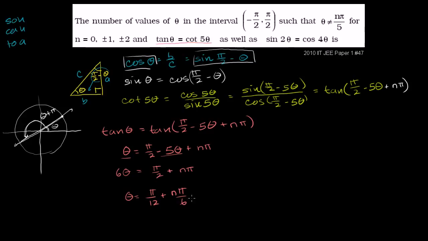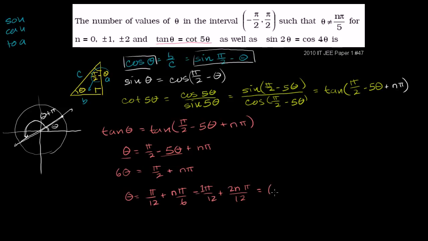Or just to make the fraction adding easier, let me write it this way: pi over 12 plus 2n pi over 12. This is the same thing as n pi over 6. I just multiplied the numerator and the denominator by 2. And this is the exact same thing. You can imagine a 1 coefficient out here.